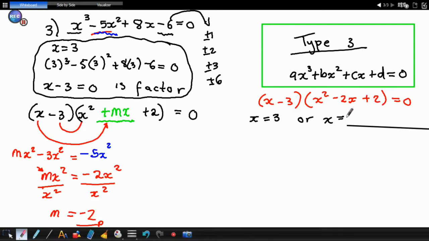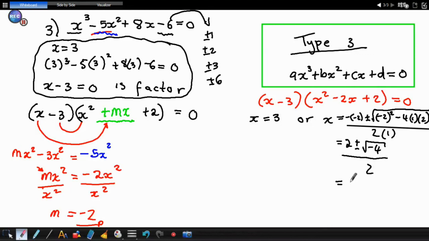So that will give us negative of -2 plus or minus the square root of (-2) all squared minus 4, and then a is 1, and c is 2, divided by 2 times a, which is 1. This will be 2 plus or minus, inside the bracket, guys, when you work this out, you have +4 minus 8, which will give you -4, divided by the 2.